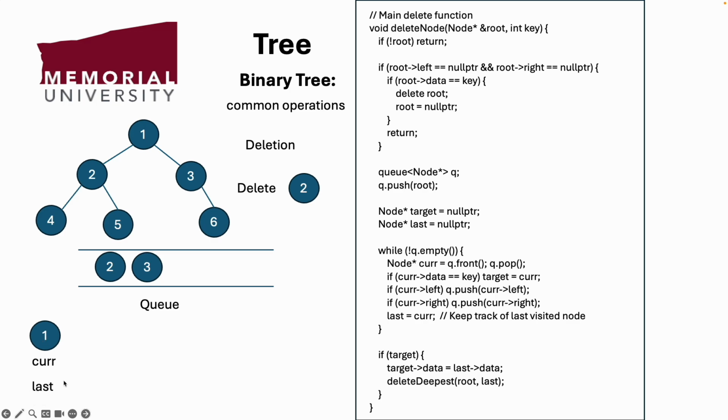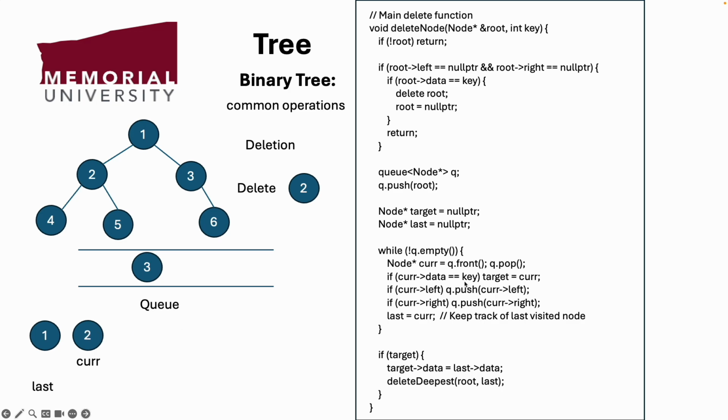This keeps tracking the last visited node. Now let's keep going. The queue is still not empty, so we move the current pointer to the queue front, which is node 2, and pop it. Current is pointing to node 2.